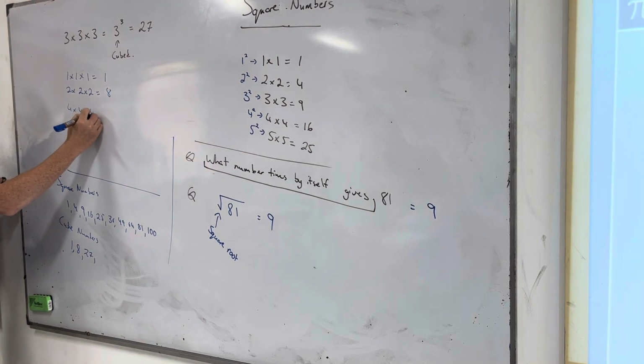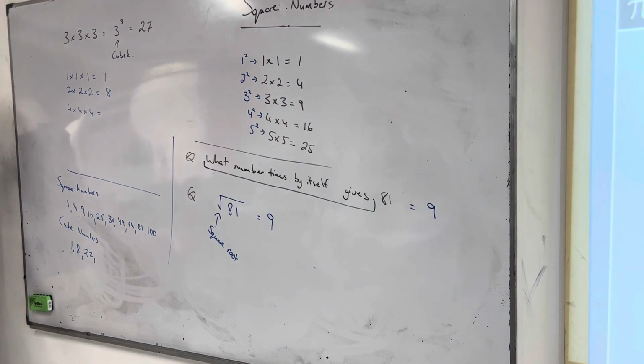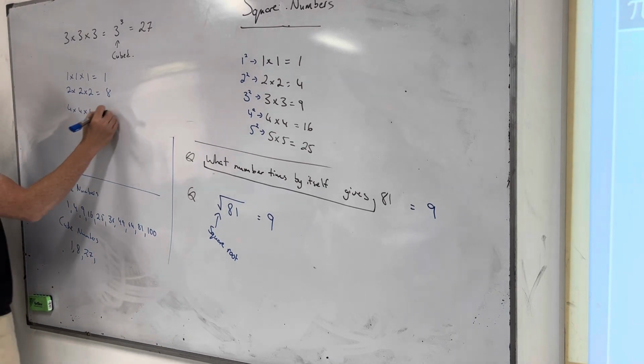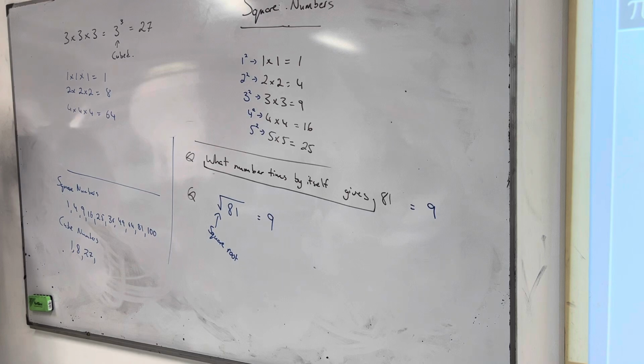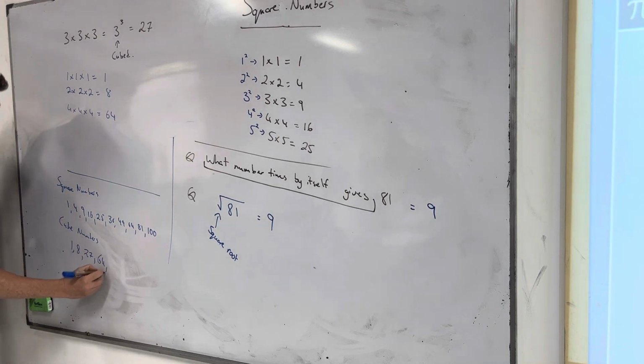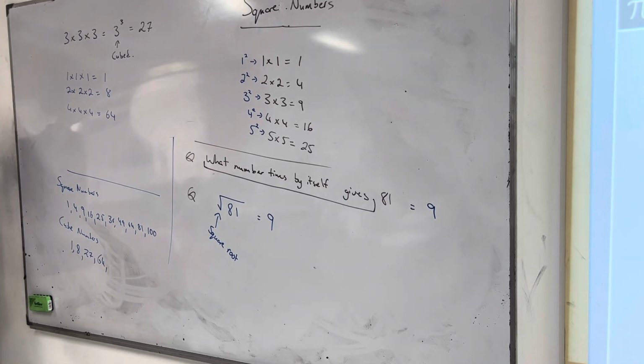4 times 4 is 16 times 4. 16 times 4? 58. 32. 48. 60 something. 64. What's 5 times 5 times 5 then? 125.